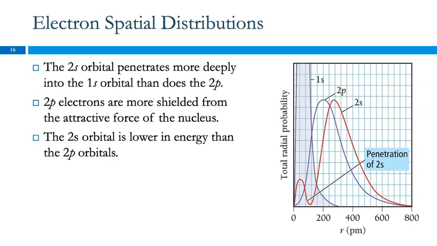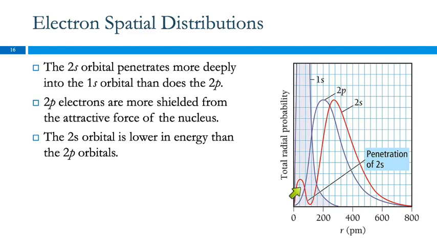But the electron occupies that entire volume, because a wave is not limited to being one place, right? So it occupies the entire shape of that orbital.